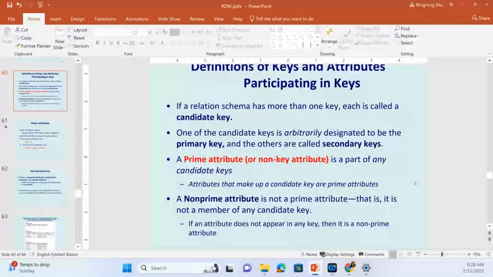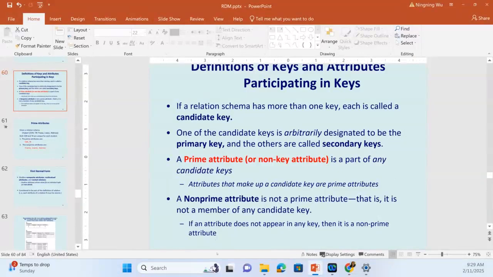If an attribute appears in at least one of the keys, then that attribute is a prime attribute. If a key has a single attribute, then that attribute is a prime attribute. If a key has multiple attributes, then each attribute is a prime attribute.